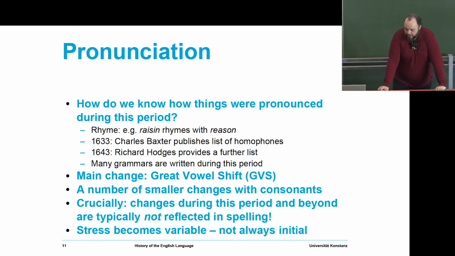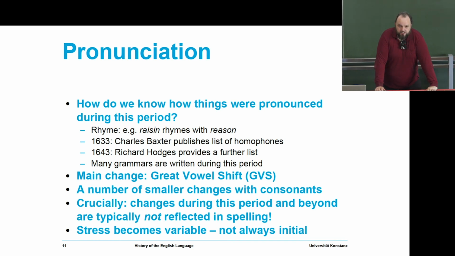For a start, we can look at words that rhyme with one another, and so we have, for instance, raisin rhyming with reason, and raisin and reason don't really rhyme in the modern language. If they rhyme in an early modern English text, that's usually an indication that they actually rhymed, that was how they were pronounced. So that both words, for instance, would have been pronounced with an A diphthong, perhaps, rather than the E that we hear in modern English for reason.